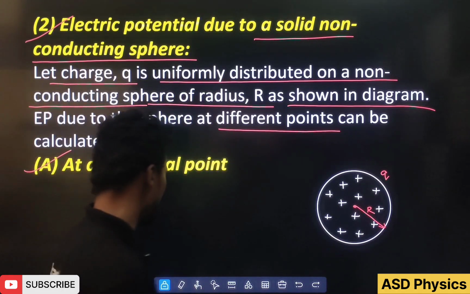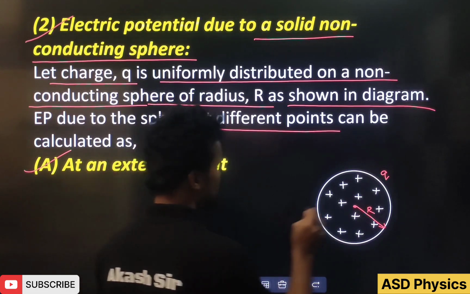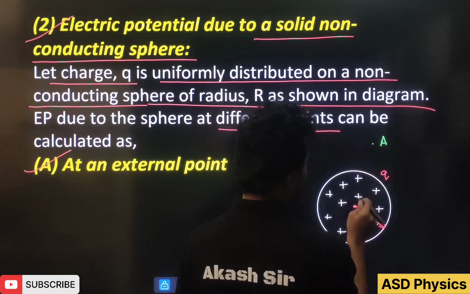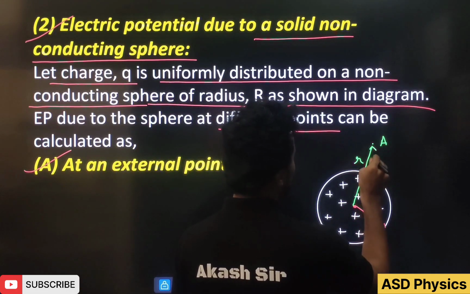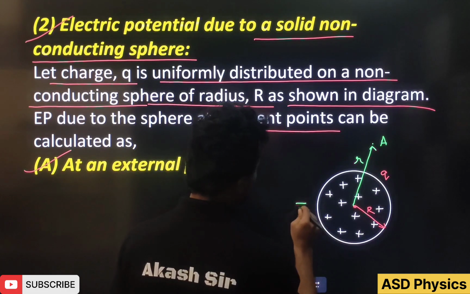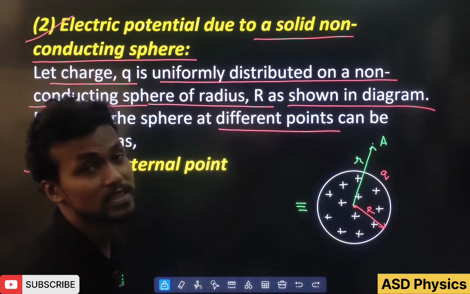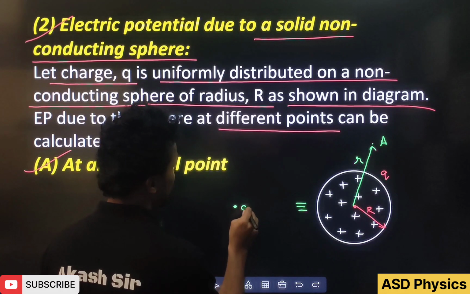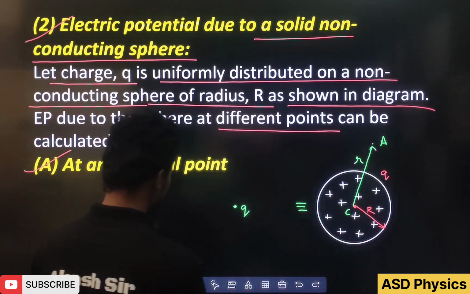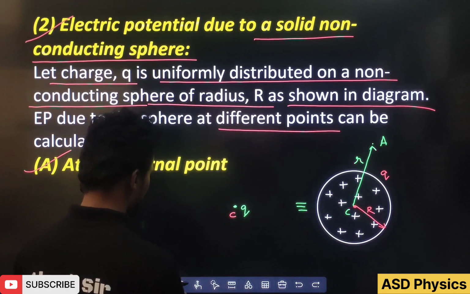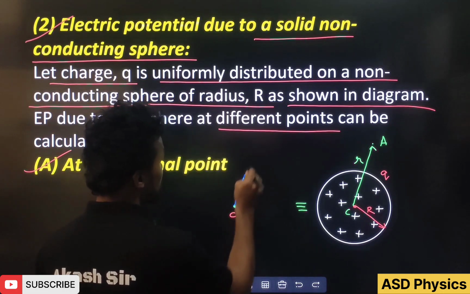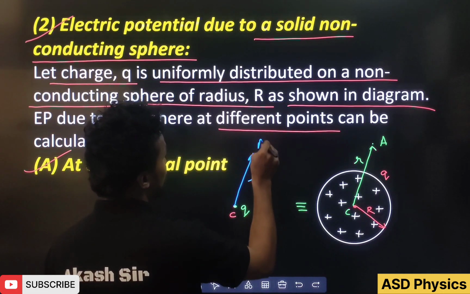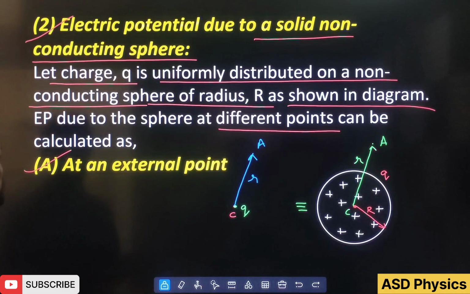At an external point. Let's take for example this point A, and this distance I have taken as r. As you know very well students, whenever the observation point is outside, the total charge of the sphere can be concentrated at the center. This is the center, this is my r, and this is my observation point A. Due to a point charge, you know very well the electric potential.